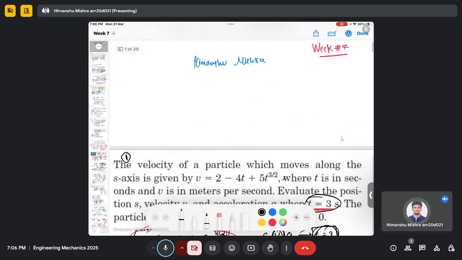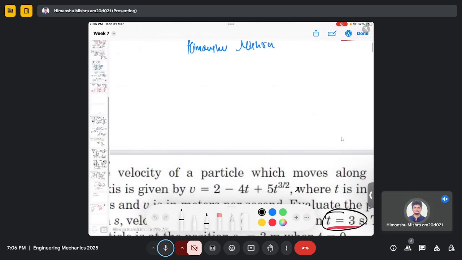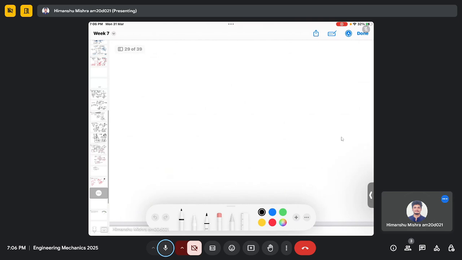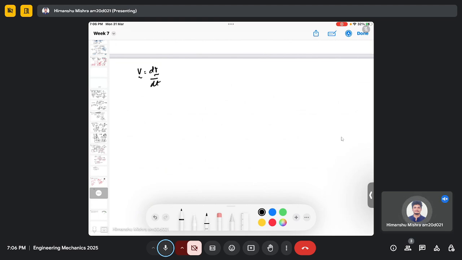So the relation that we have used in the previous class mostly is the expression of velocity, which is the rate of change of displacement vector in time, and the relation of acceleration, which is the rate of change of velocity in time. Based on this relation, we actually derive three equations.